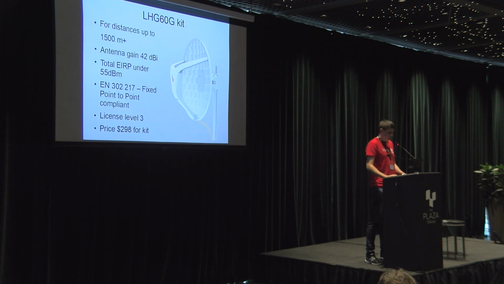The device is certified under ETSI 302.217, and it is fixed point-to-point compliant. The device comes with license level 3, so it basically means you can create a point-to-point link or point-to-point bridge. And the price for a kit is $298.